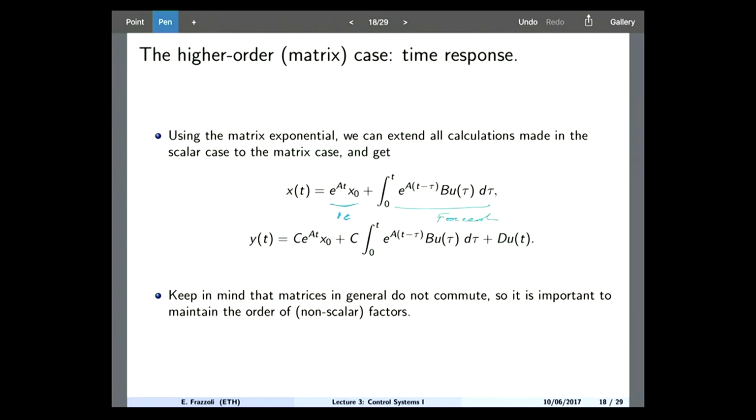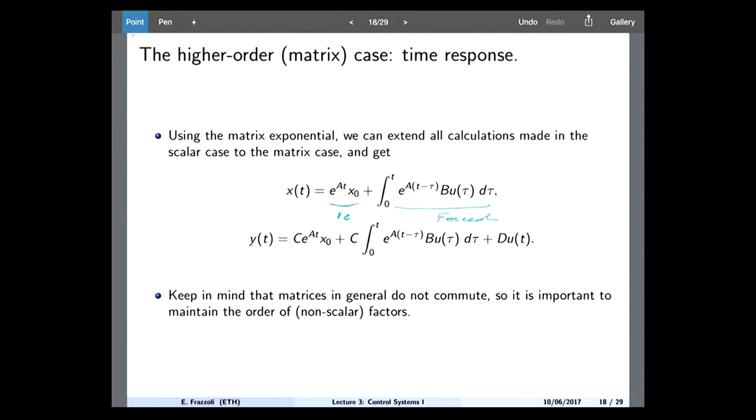The only difference is that now this is a matrix exponential, and these are all matrices. So formally, the equations are exactly the same.